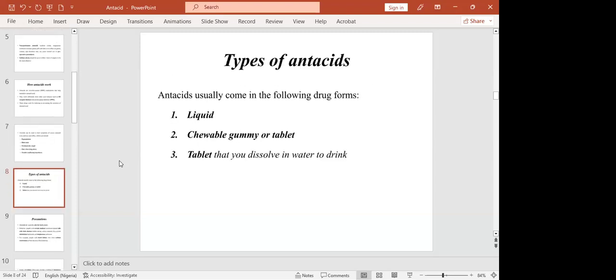So we have 3 major types of antacids. We have liquids, common liquids that we know. Somebody tell me common liquids. John, example of common liquid antacid. Syrup, ma. And tell me the name now.